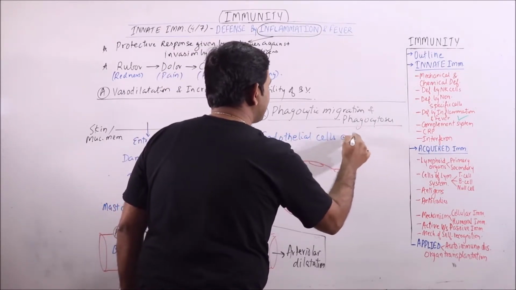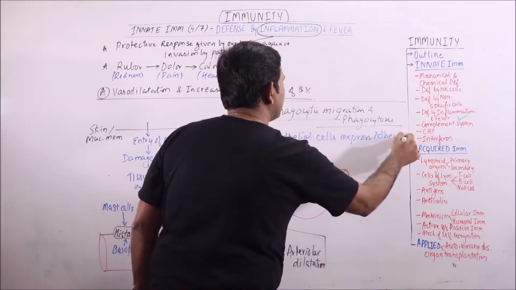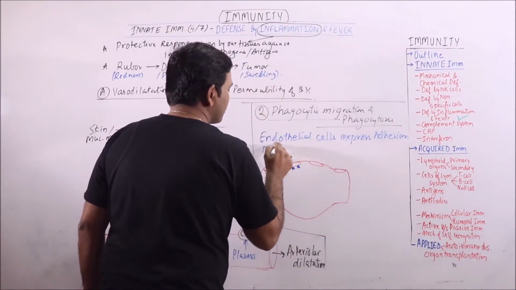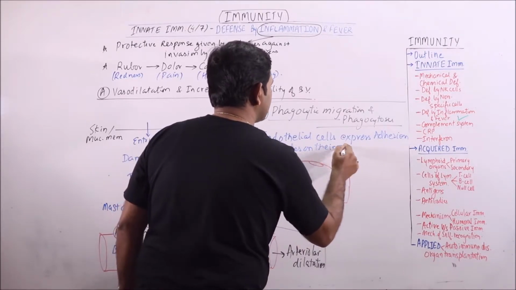Endothelial cells express adhesion molecules, which are basically proteins, on their surface.